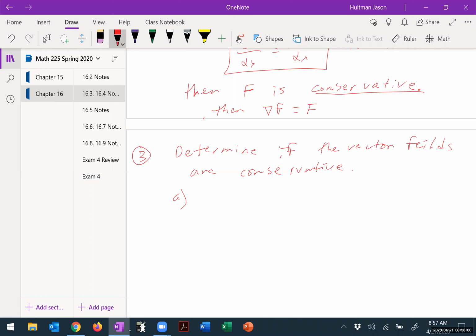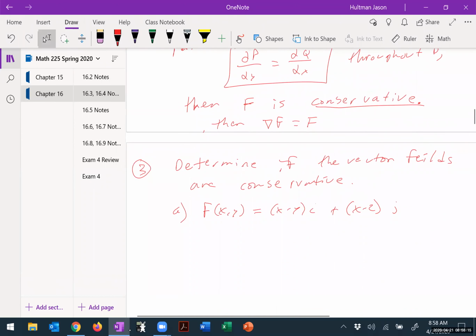A. F of x, y equals (x minus y) i plus (x minus 2) j. So what are we going to do? We're going to use our handy dandy equation. The partial on y of P, well, what's P in this case? It's x minus y. What's the partial on y of this? It's -1.